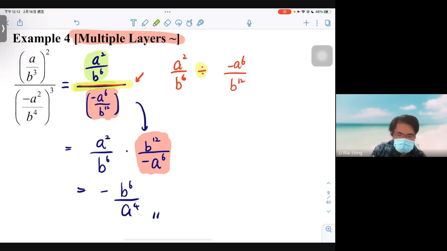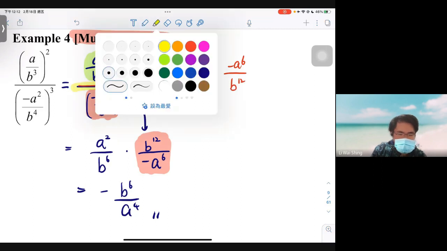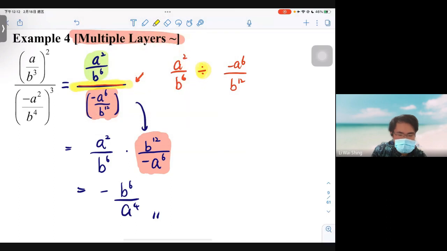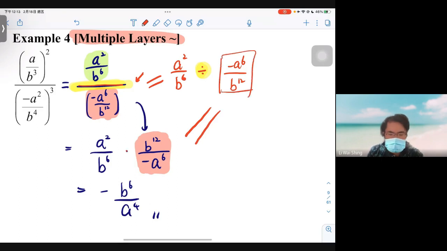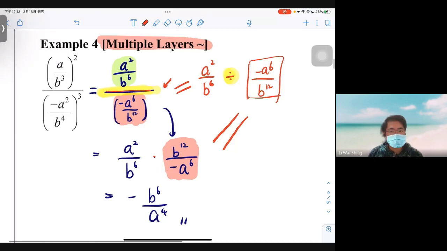If you change the longest fraction line into a divide sign, you know why Ashka can invert the denominator and become multiply now. Okay, when you see this kind of fraction, the longest line becomes a divide sign, 除好變成好，上下要顛倒. That's why you are just multiplying the inverted version of the denominator.